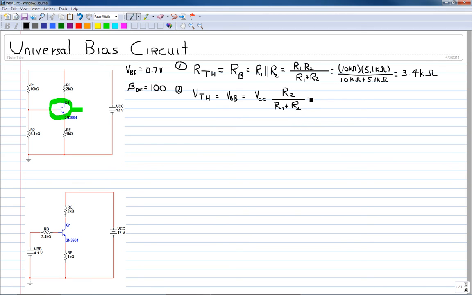Substituting what we know for these values, we have 12 volts times 5.1k ohms divided by 10k plus 5.1k ohms.